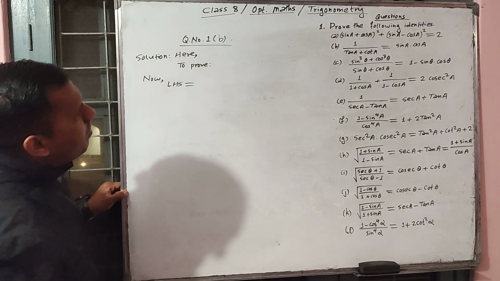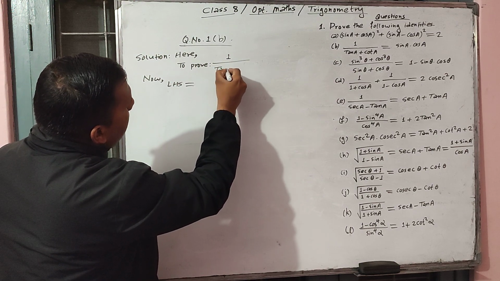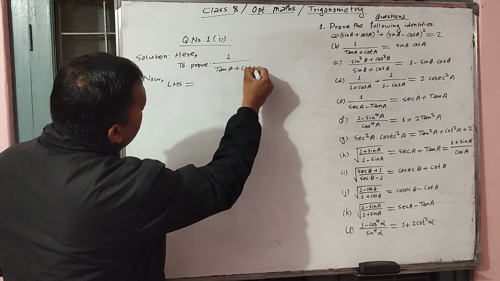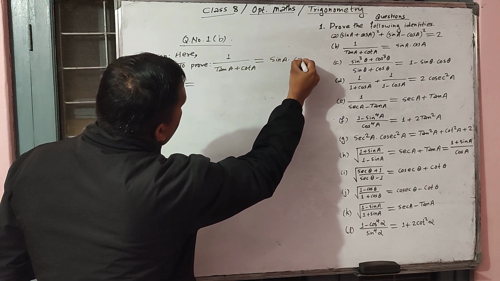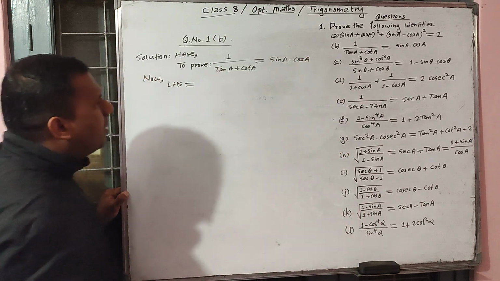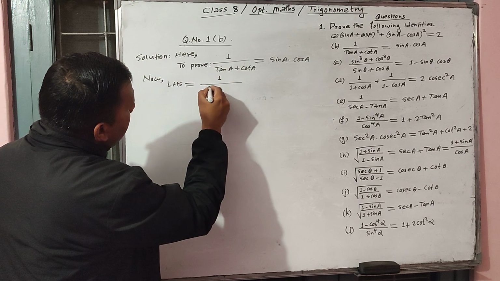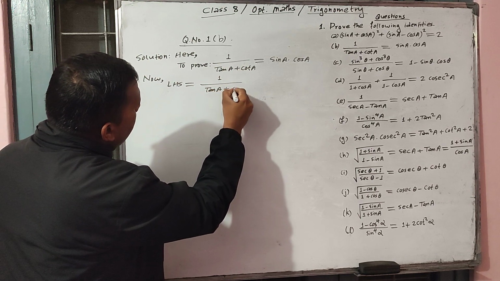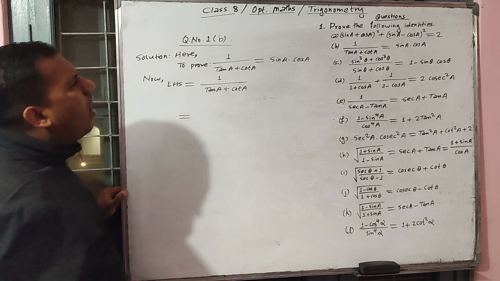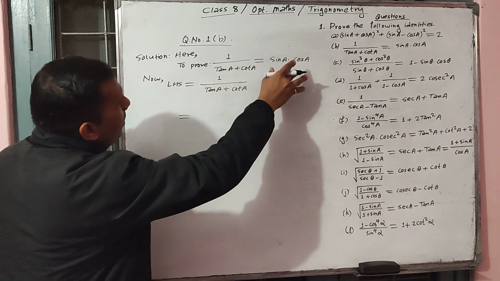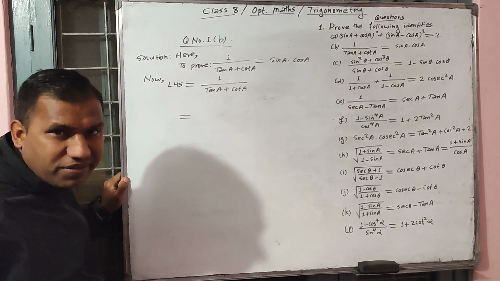In 1B, we have to prove 1 upon tan A plus cot A equal to sin A dot cos A. Now taking LHS, 1 upon tan A plus cot A. Since RHS is in the form of sin cos, this tan and cot must be changed in terms of sin cos.